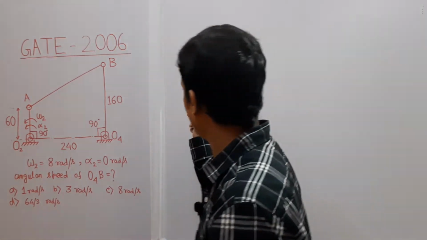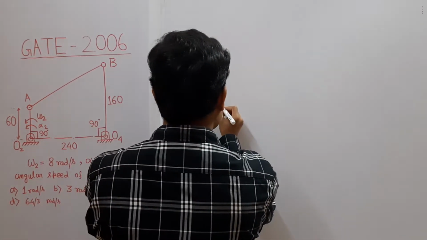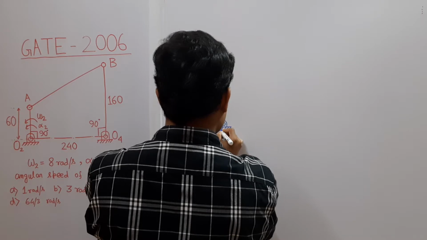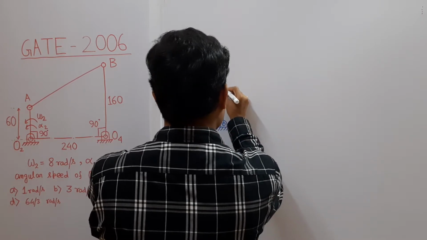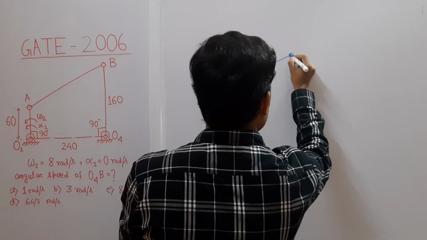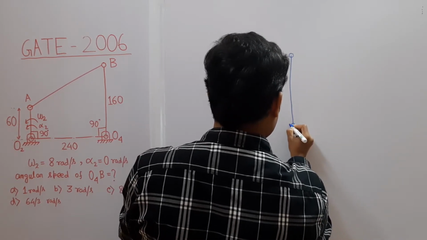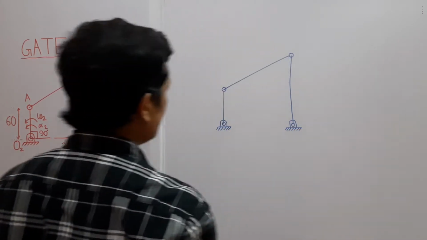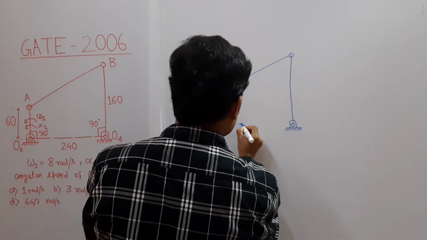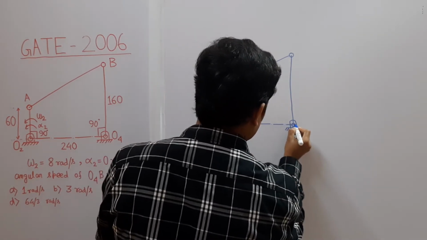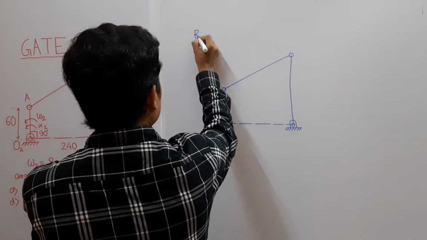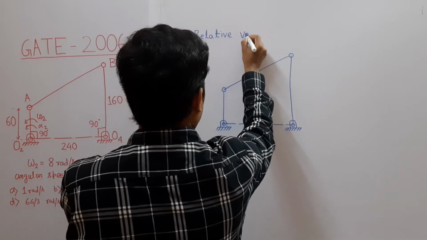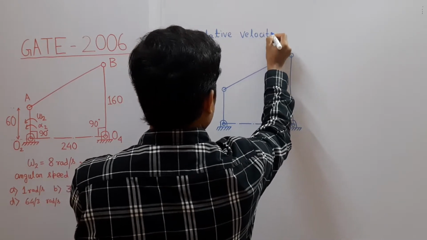So let us draw the configuration once again. And we are going to solve it by the relative velocity method.